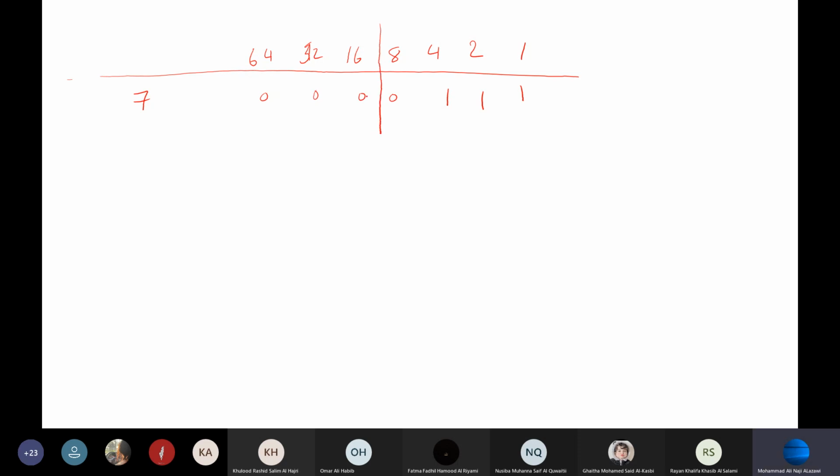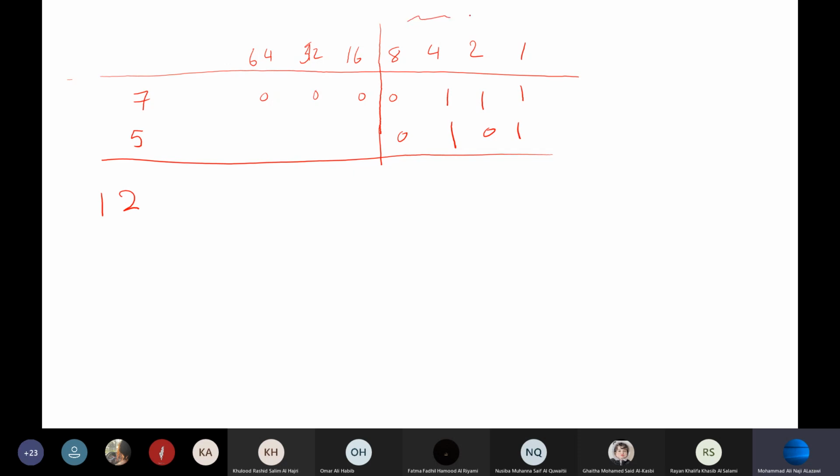I'll tell you why. If I want to represent any number from 0 to 9, for example 5, 5 can be represented by adding 4 and 1. So this is 5. If I want to represent 12, for example, this is represented in a different way.